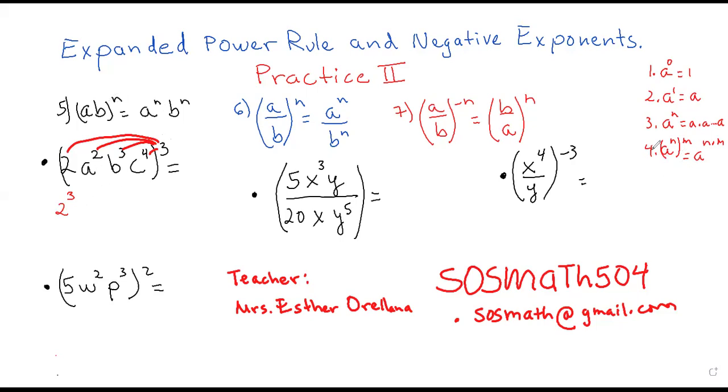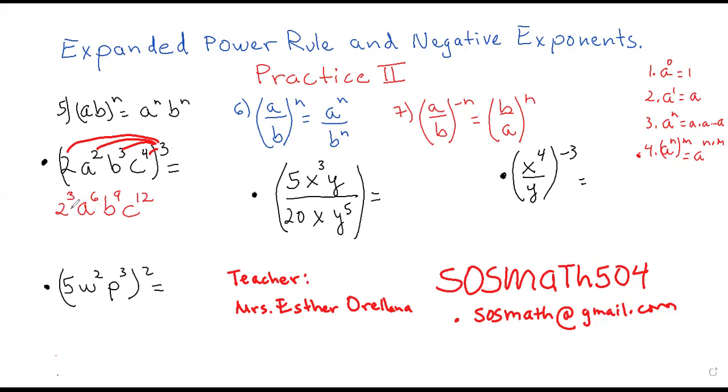Power of a power. Here I have written the rule. So I have 2 times 3 is 6. B, 3 times 3 is 9. C, 4 times 3 is 12.